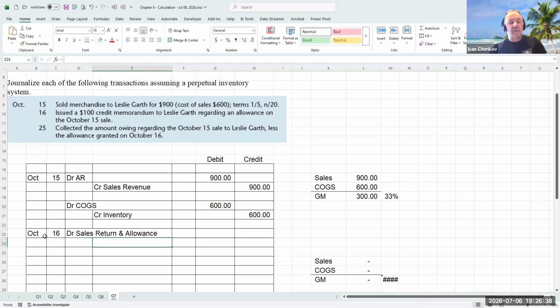And we're going to credit accounts receivable. Now the client doesn't have to pay for those $100. Make sense?